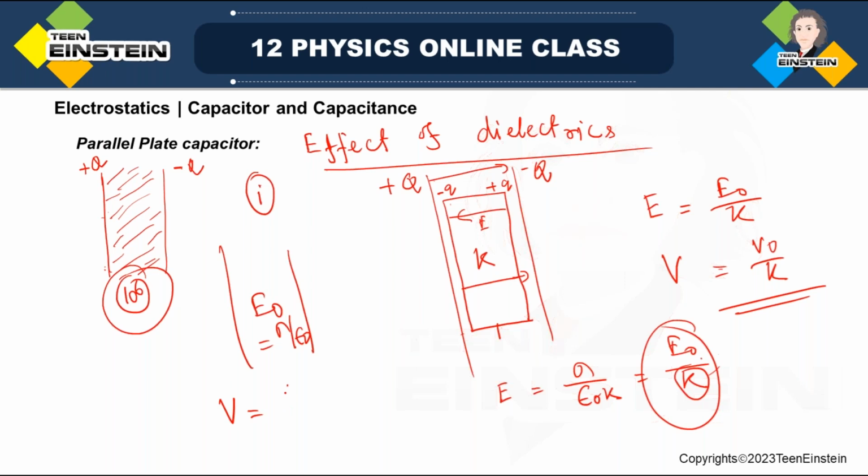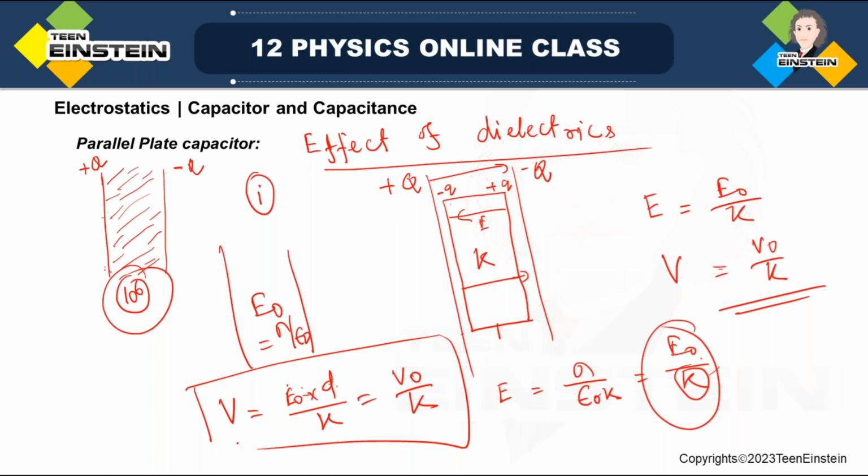So that will be E0 into D by K. E0 into D is V0, right? So V is equal to V0 by K. This is how it is.